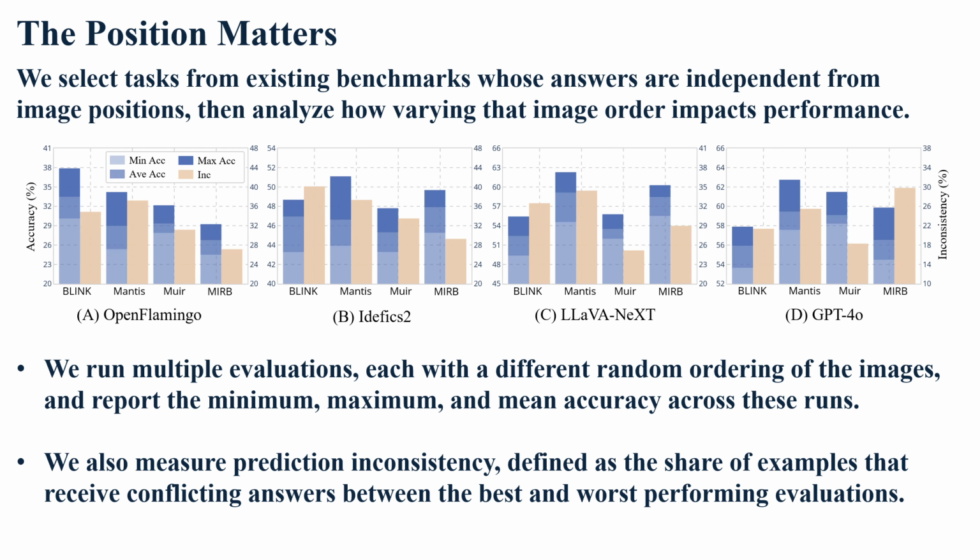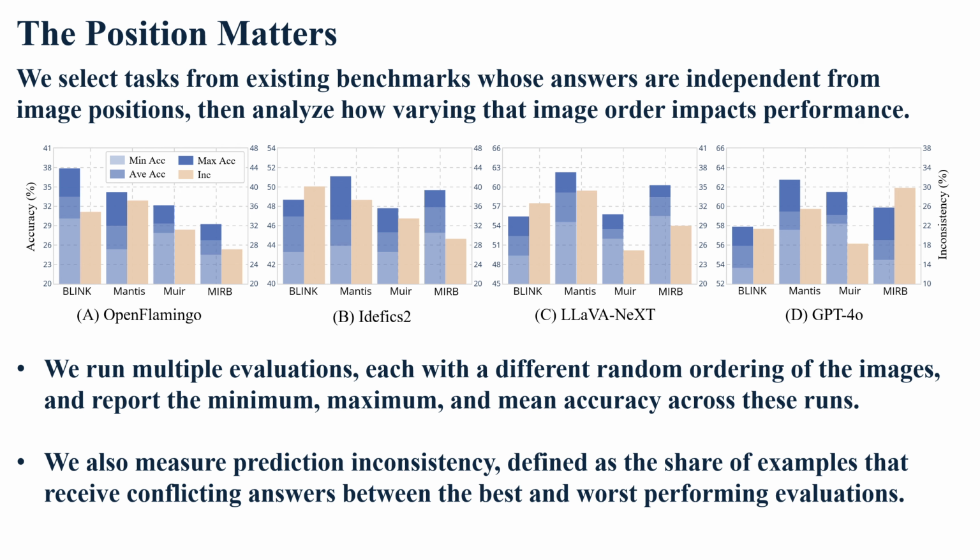Based on this motivation, we conduct a systematic investigation of the influence of positions on model performance. We select some tasks from existing multi-image benchmarks where answers are independent of their image positions, so that we can arbitrarily shuffle them.